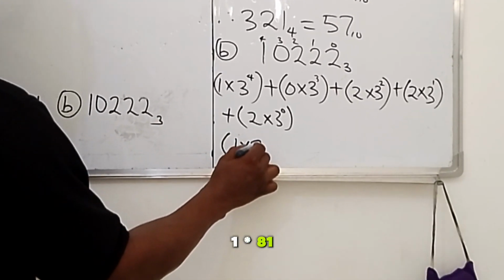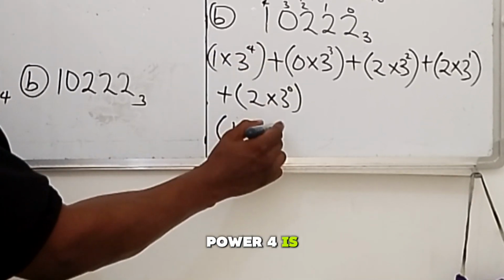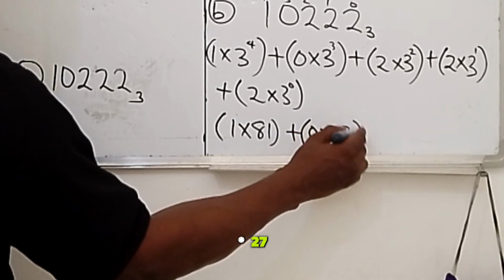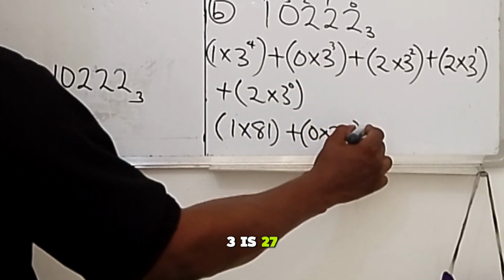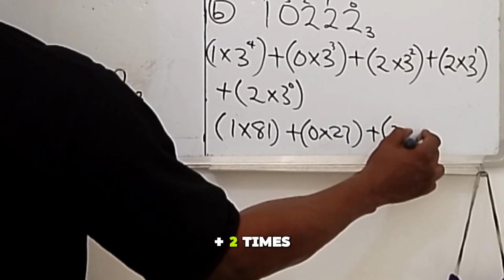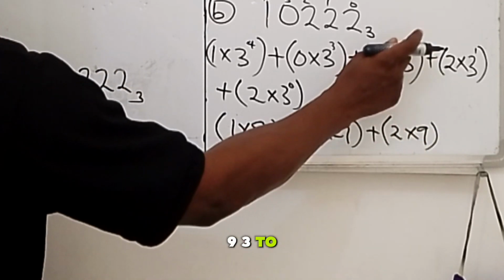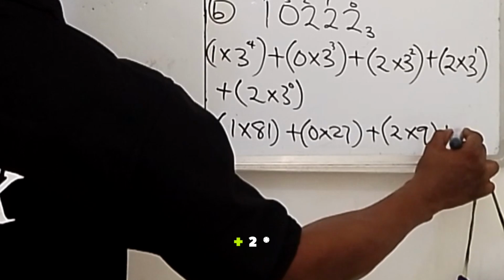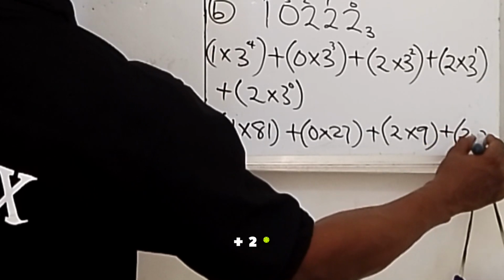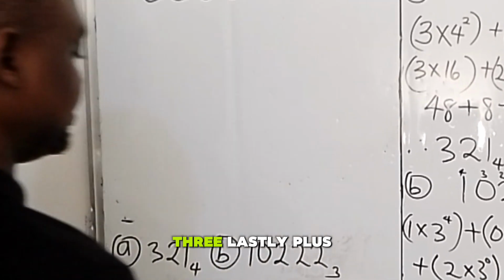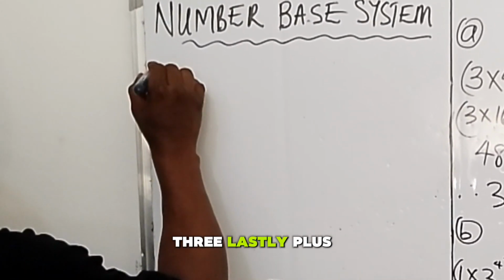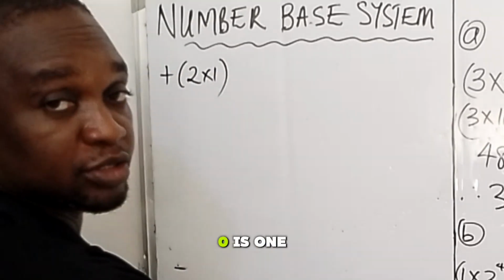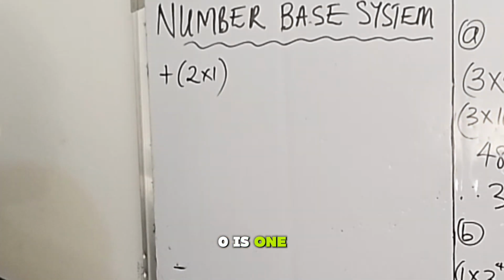So we have 1 times 81, because 3 to power 4 is 81, plus 0 times 27, because 3 to power 3 is 27, plus 2 times 9, because 3 to power 2 is 9, plus 2 times 3, because 3 to power 1 is 3, and lastly, plus 2 times 1, because 3 to power 0 is 1.